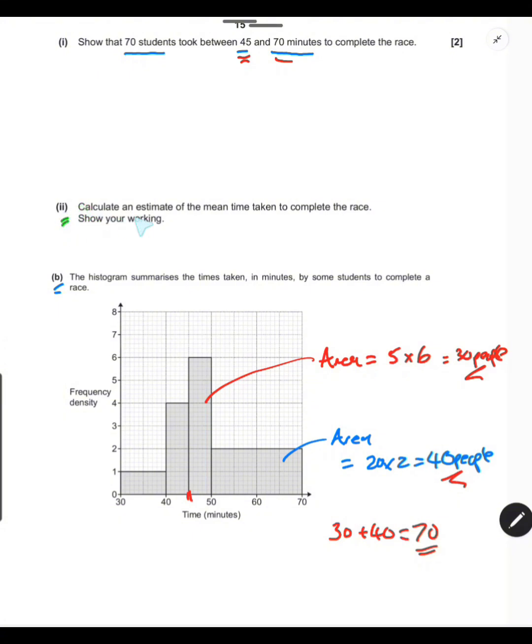Part 2, calculate an estimate for the mean time taken and show your working. The nicest way I think to do this is to turn this back into the table that we looked at before. So I'm going to quickly sketch out what a table should look like for this.